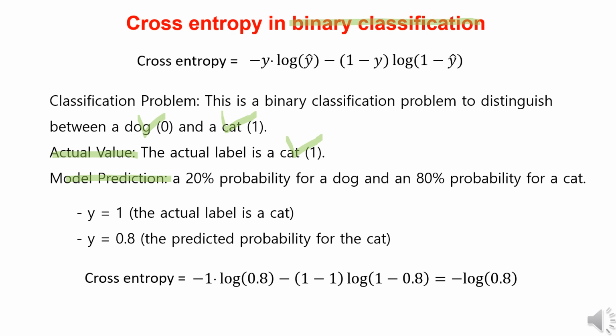In this case, the model determines that the probability of the data being a cat is 80%, while the probability of it being a dog is 20%. By substituting these values into the defined cross-entropy formula, the cross-entropy value is calculated as negative logarithm of 0.8.